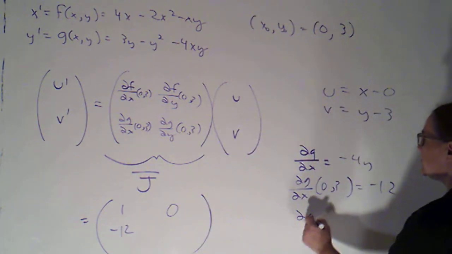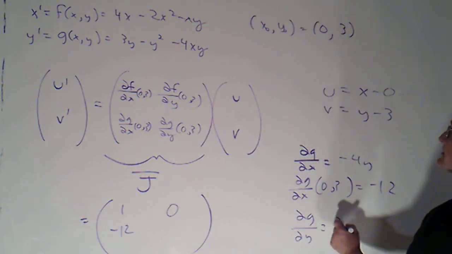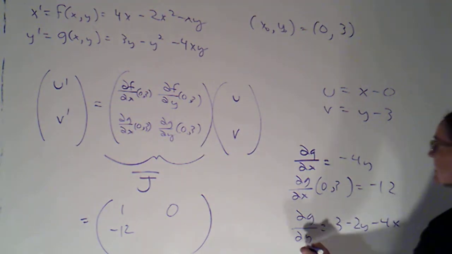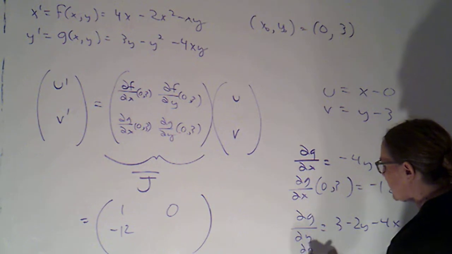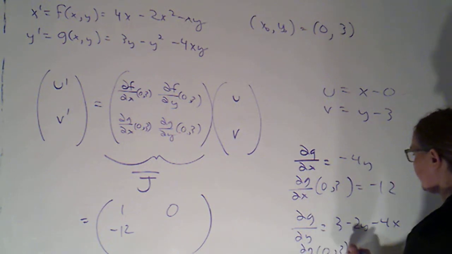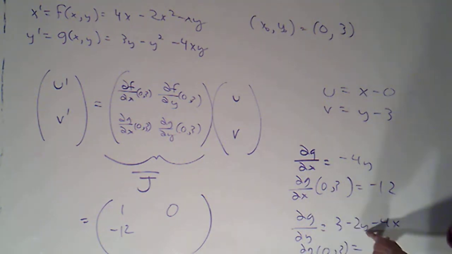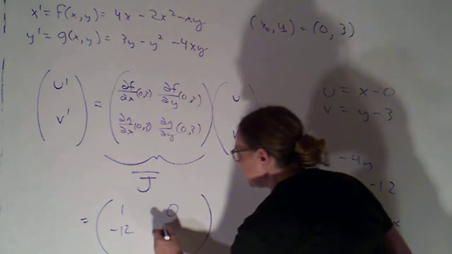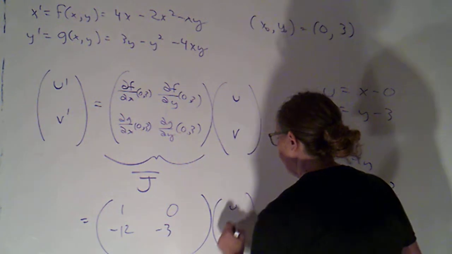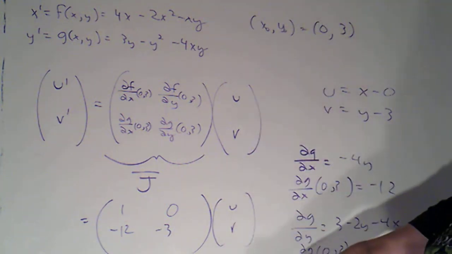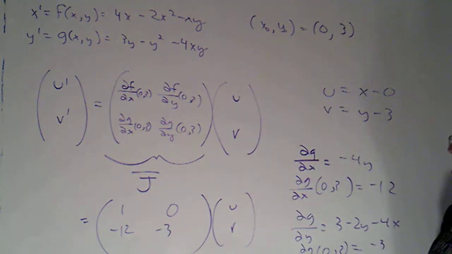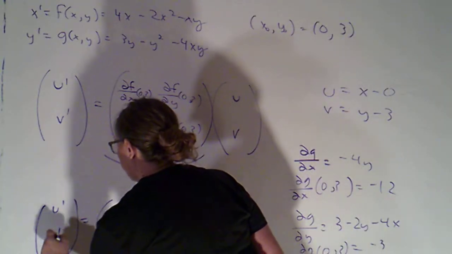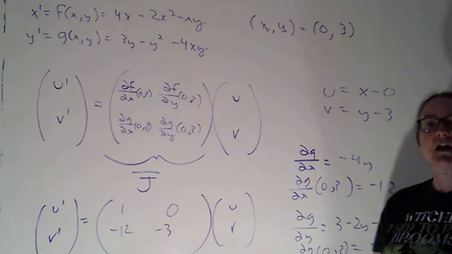The partial of g with respect to y is 3 minus 2y minus 4x. So the partial of g with respect to y at 0, 3 is 3 minus 6, which is negative 3, minus 0 is still negative 3. So there's our linearized system. Okay. U prime V prime is equal to this matrix times UV.